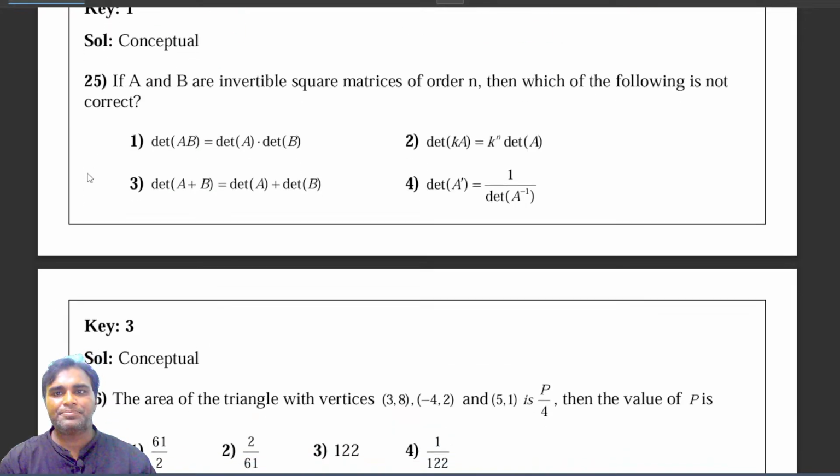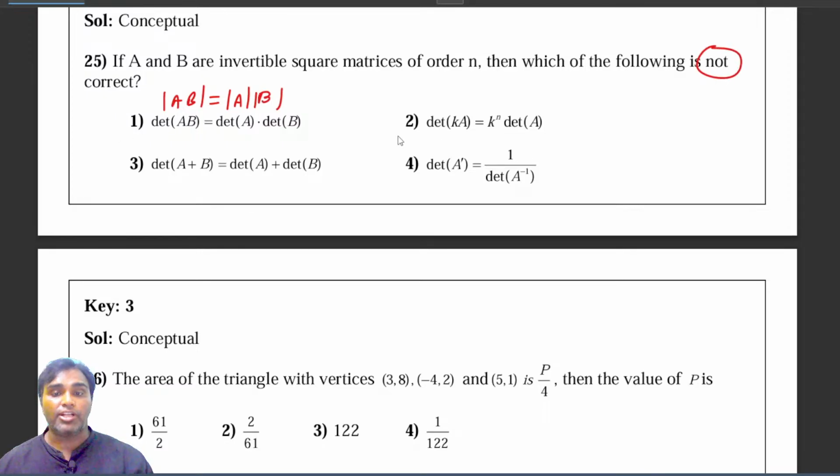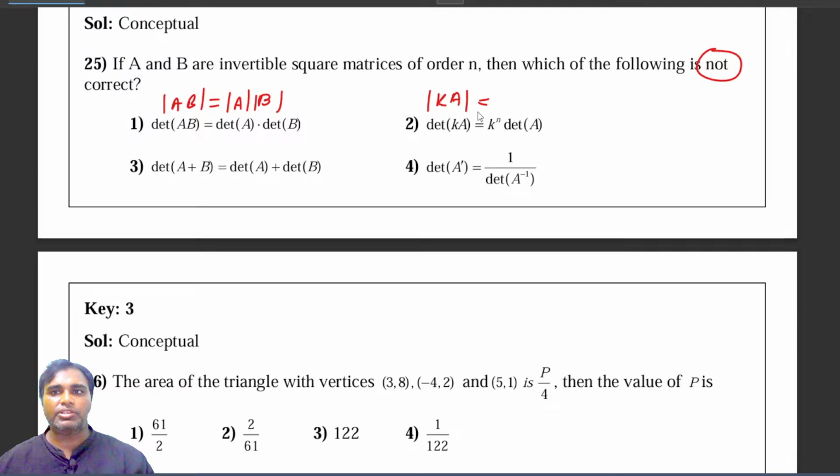25, let's see. A and B are invertible square matrices of order n. Then which of the following is not correct? Now obviously determinant of AB property is there, determinant of A into determinant of B. So this is correct, but we have to tell which is not correct. Remember, in my classes also many times I have told this, always focus on not correct. So K will come outside, K power n determinant of A. This is also correct, so it will not be our answer.